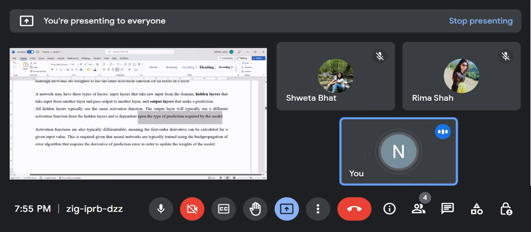What kind of output you are expecting, that activation function is present on your output layer. Remember these very key points. Point number 1: in general, all hidden layers have the same activation function. Point number 2: the expected output which you require on the output layer decides what activation function we need to keep.